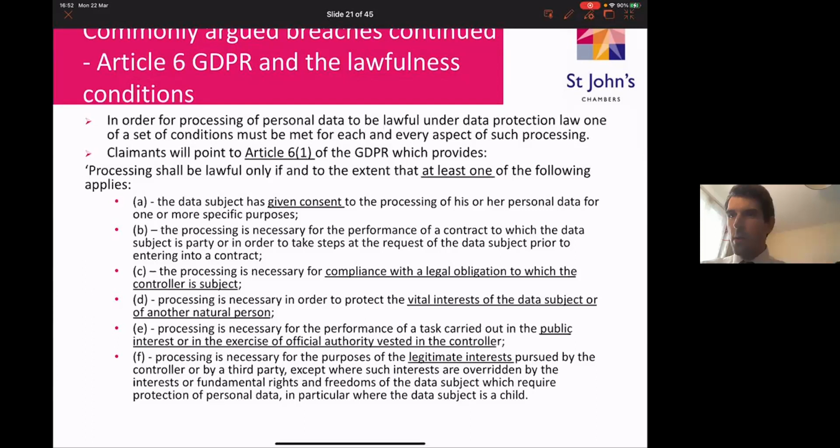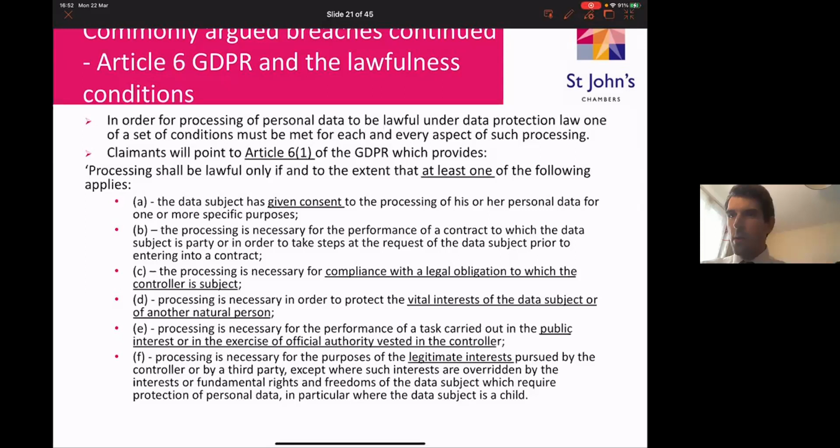Now, the other important article under the GDPR, along with Article 9, is Article 6, which is the lawfulness conditions article. It provides that in order for data to be processed, you have to, as a controller, show that you have complied with at least one of the following under Article 6.1.